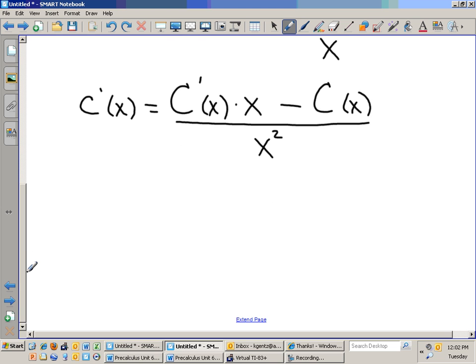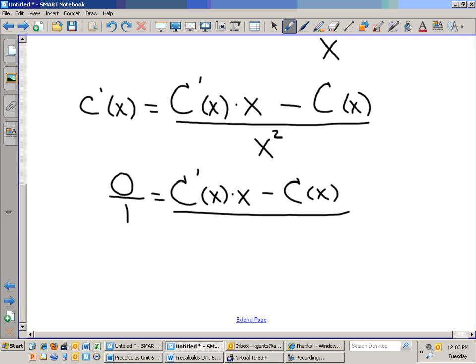Now, you guys told me that we want to take that derivative and set it equal to 0. So 0 over 1 is equal to c prime of x times x minus c of x all over x squared.